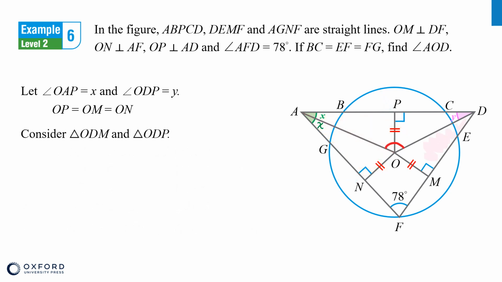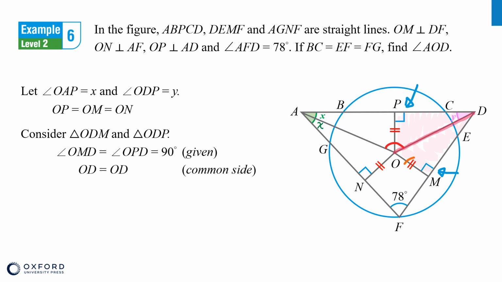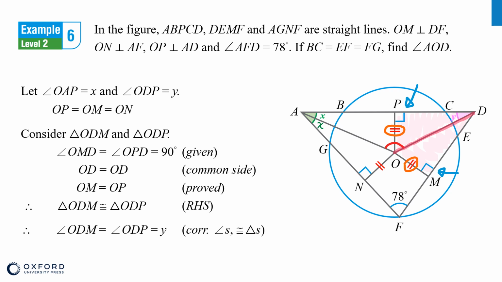Similarly, we can prove that triangle ODM and triangle ODP are a pair of congruent triangles. And angle ODM will be equal to angle ODP, that is y.